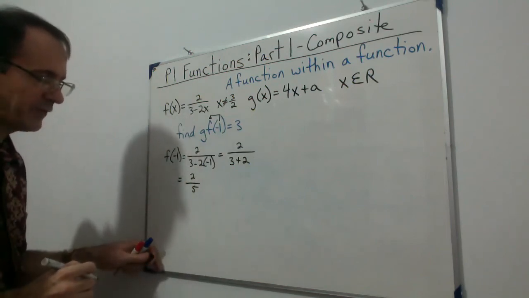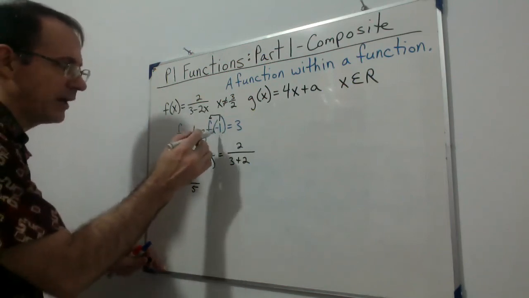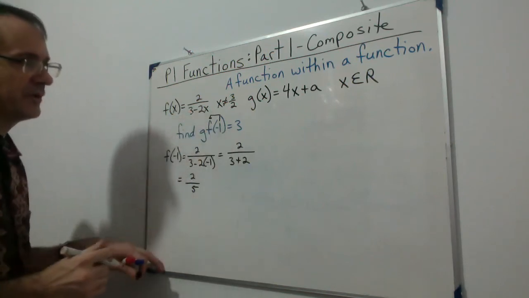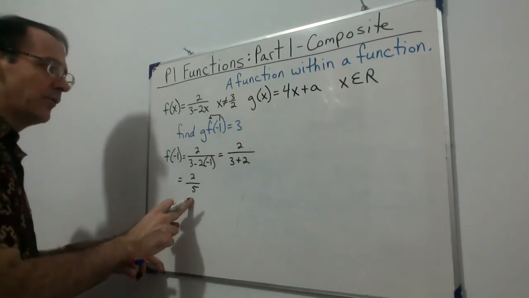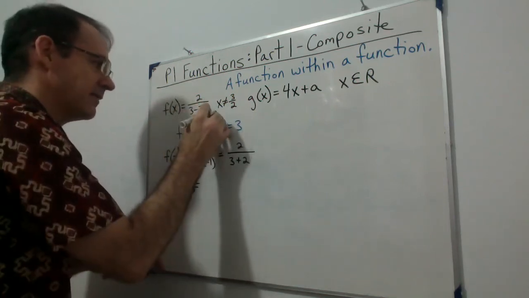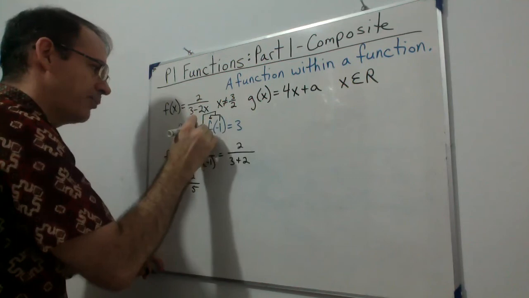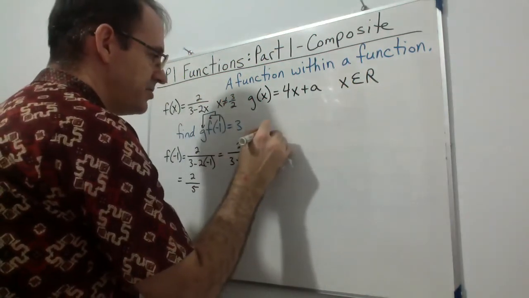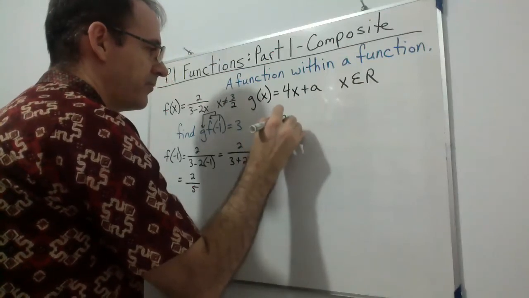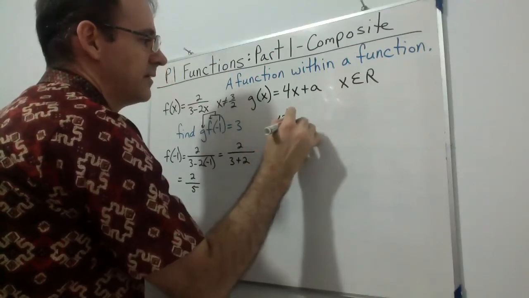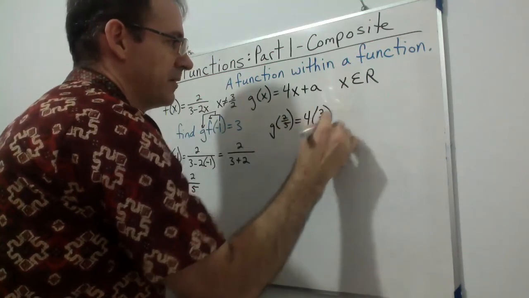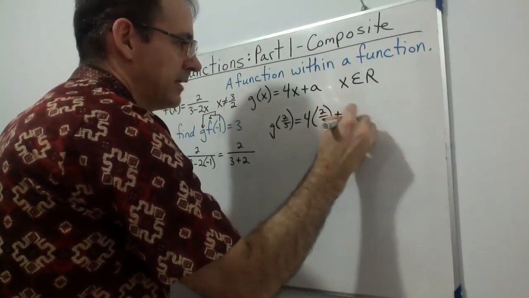So we have 2/5. When we plug our -1 into the f function, we end up with 2/5. Now we want to take that value and put it into the g function. So now we're doing g of 2/5, so we get 4 times 2/5 plus a.